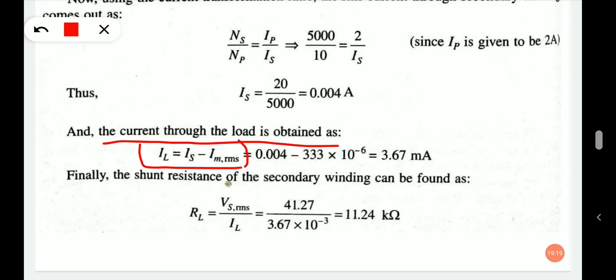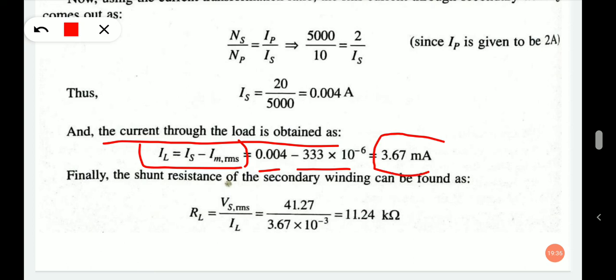IL equals Is minus Im RMS. Is we have calculated, that is 0.04 ampere, and minus the RMS current through the meter, that is Im RMS, 333 microampere.